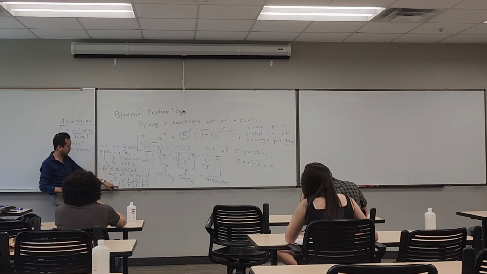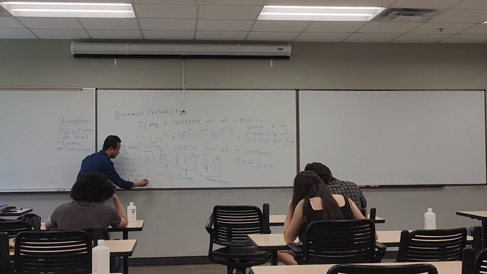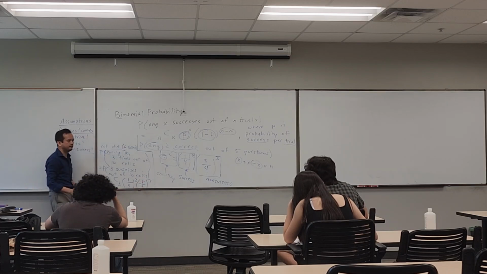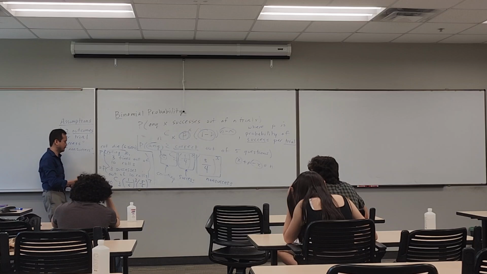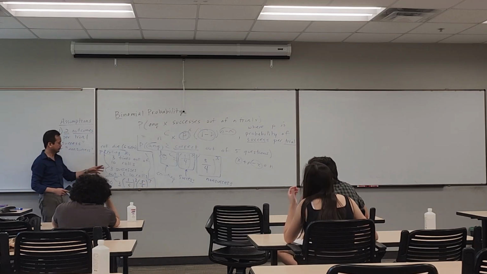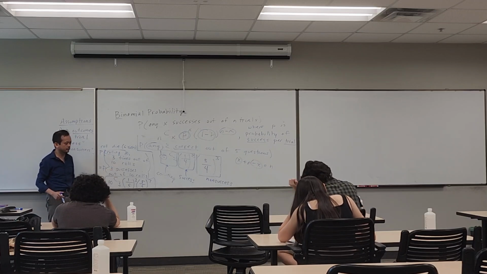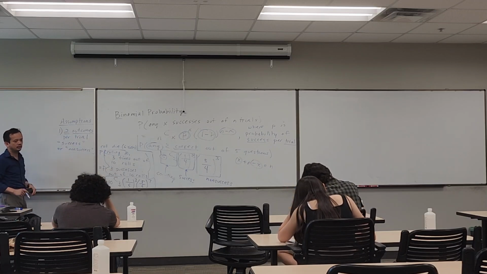Yeah, so if we want 3 rolls of the 2, then that means out of 10, there's 7 rolls that are not 2s. Okay, so this ends up being the final answer of the probability of rolling 3 2s out of the 10 rolls. Any questions?